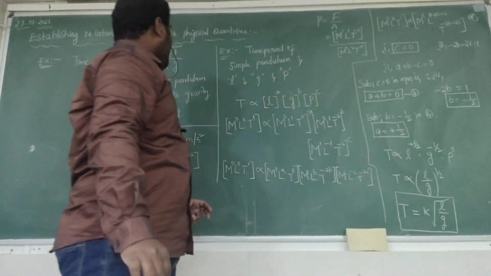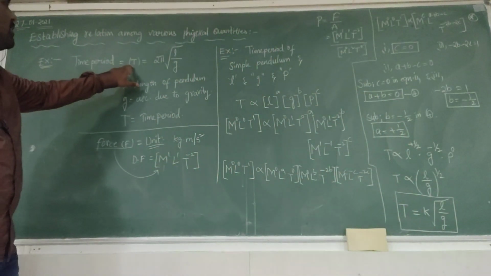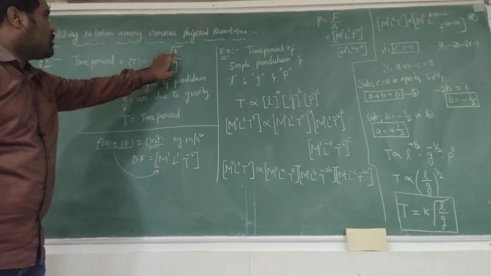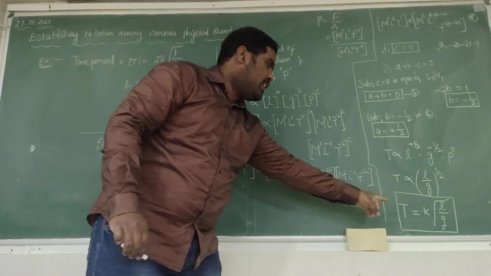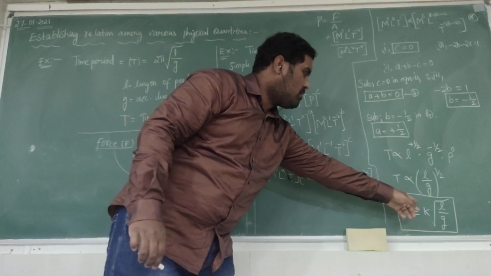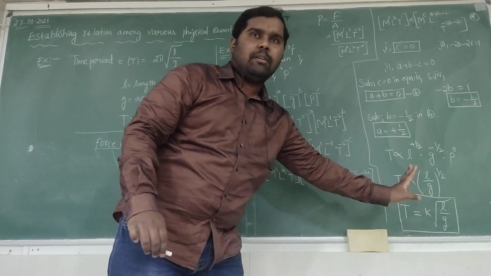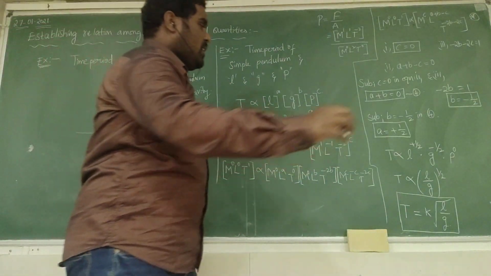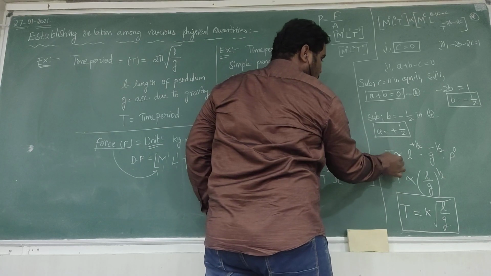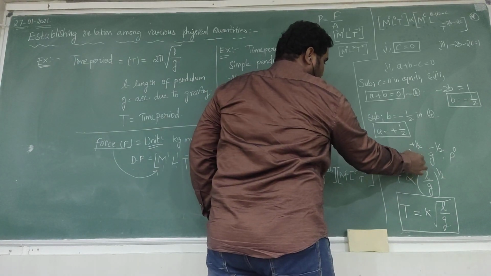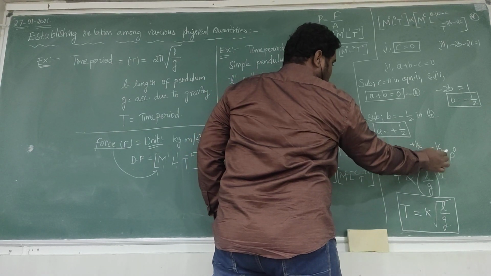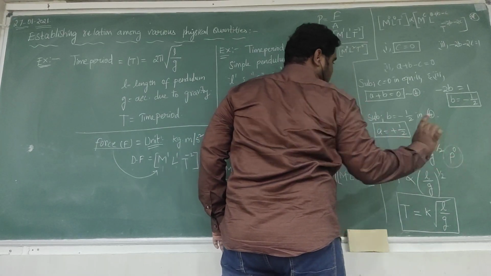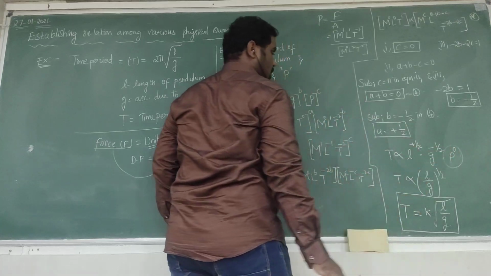So now how did we get here? What is the time period formula I have taken? 2 pi root L by g. Some constant into root over L by g. Finally I deduced the equation T equals to some constant into root over L by g. So using dimensions, see here what happened, T proportional to L power plus 1 by 2 into g power minus 1 by 2 into p power 0. As p power 0 is 1, we can neglect this one.